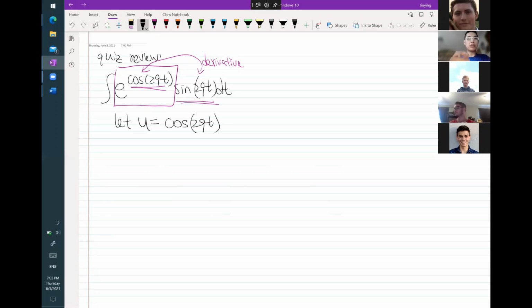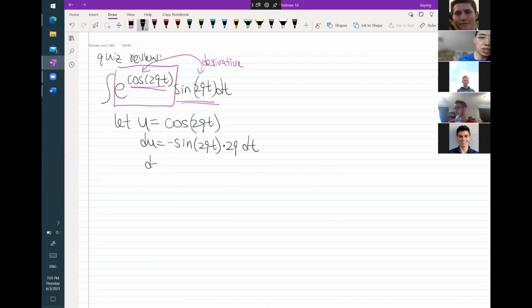So keep in mind that u doesn't have to be the part in the cosine. Here we let u equal cosine 29t. So du equals the derivative of cosine, negative sine 29t, and then the derivative of the inner part, 29t, gives 29 dt, using the chain rule.